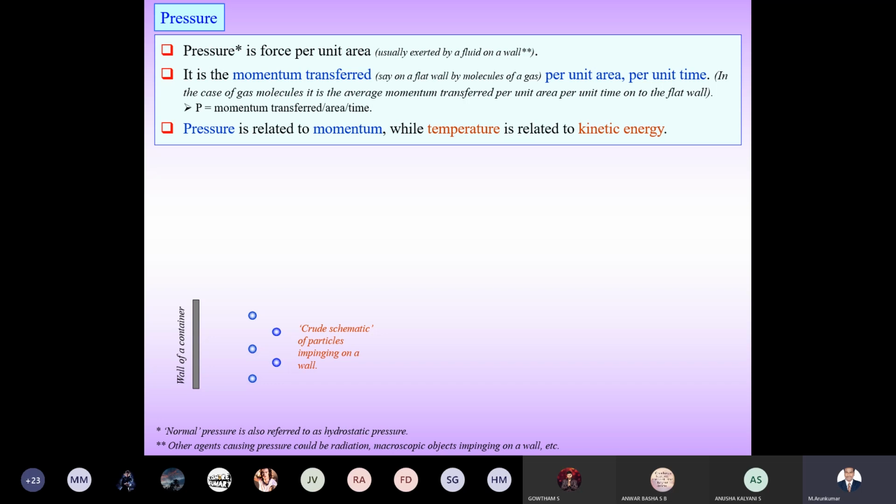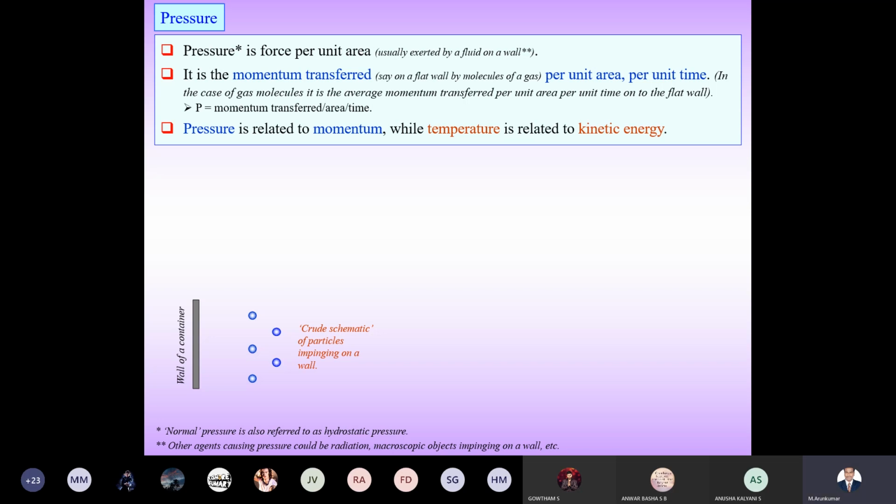It is momentum transfer per unit area per unit time. So pressure is related to momentum, while temperature is related to the kinetic energy of a system.